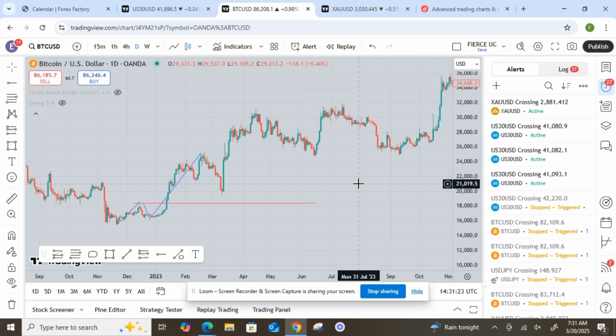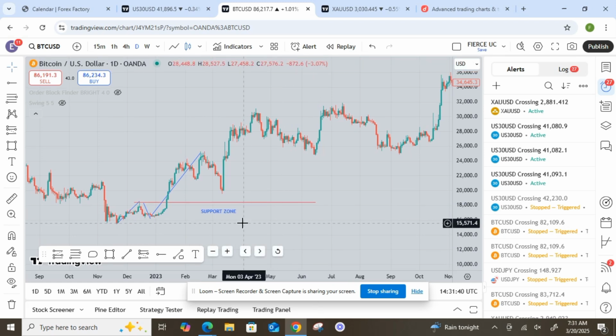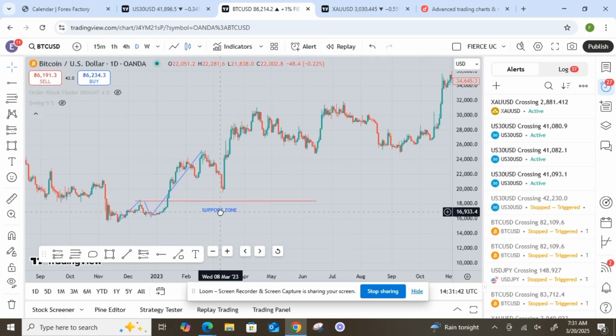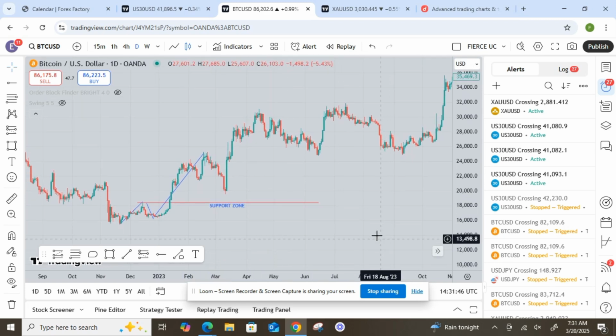So now this is the support zone. You see it now.